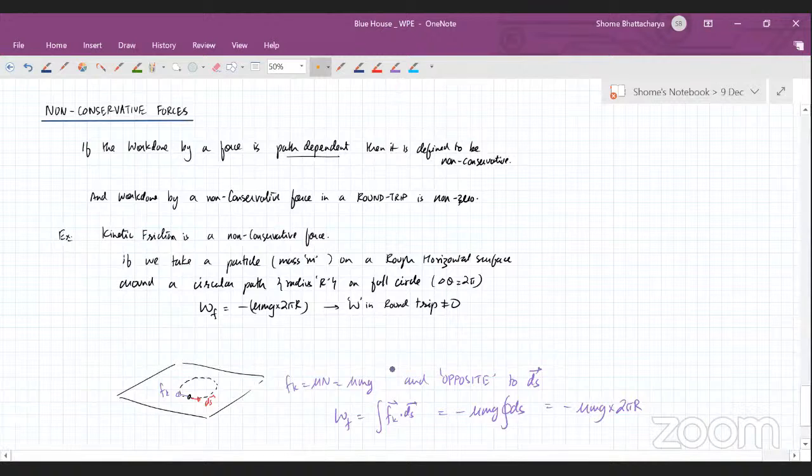Yes, Piyush, that concept is correct, and we will be looking at the operation of the curl at a later stage. We'll first understand the relationship between potential energy and force through the gradient operator. And at a later stage, we'll also talk about curl of a force being zero in case it is conservative.